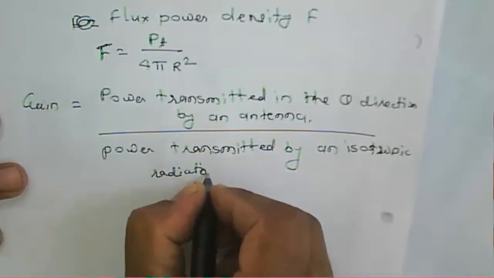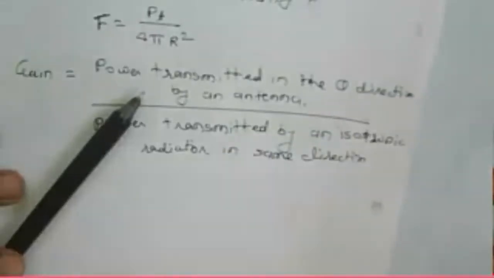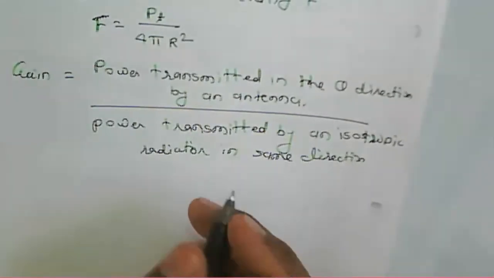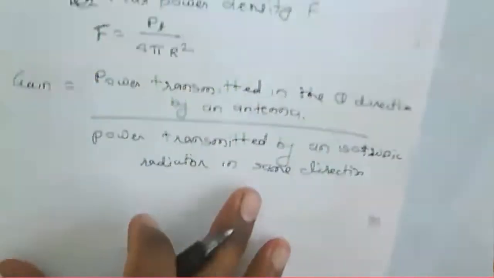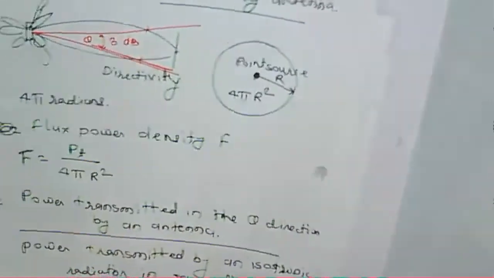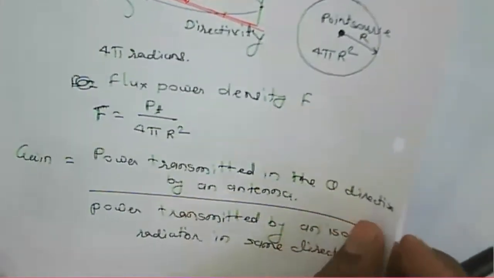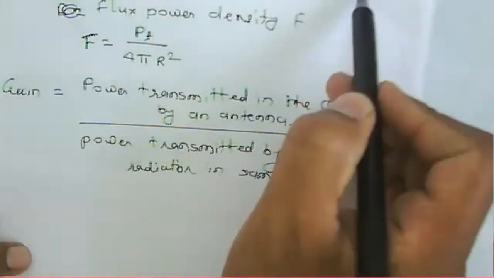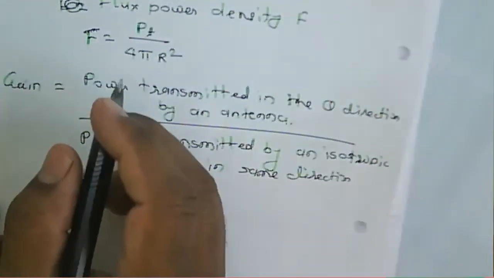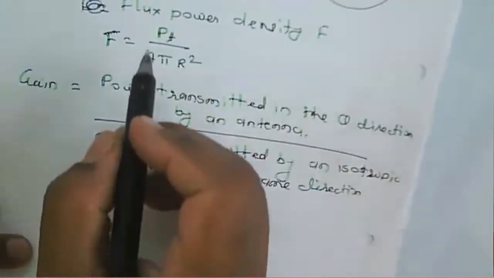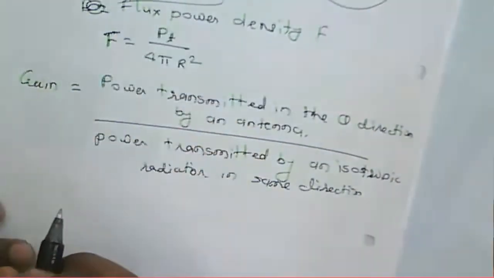Generally, an isotropic radiator radiates the signal in all directions. That's why a point source is nothing but an isotropic radiator. For the isotropic radiator, we can consider the area to be 4 pi radians.